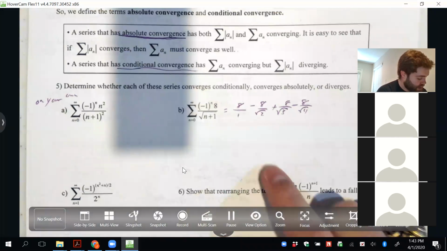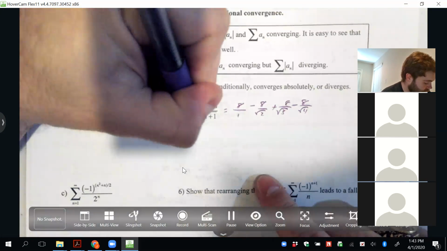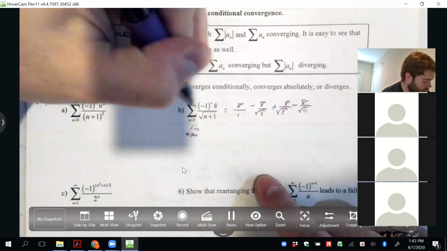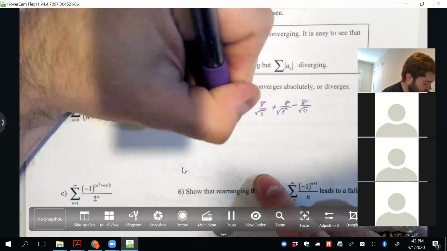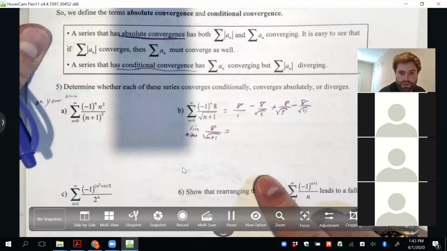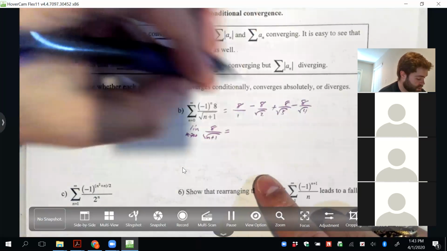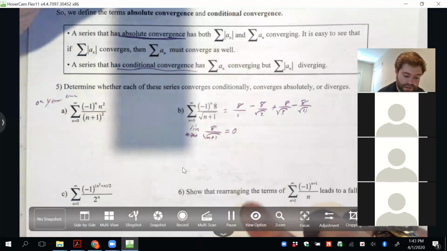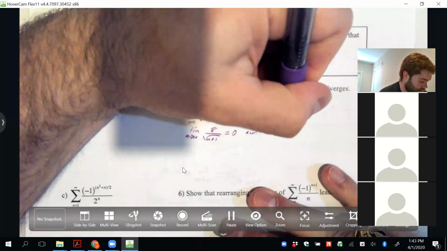Well, this does pass the nth term test, because if we take the limit as n approaches infinity of 8 over square root of n plus 1, well, that is clearly bottom heavy. The only thing on top is the number 8, so that limit is 0. So it passes the nth term test and is decreasing.